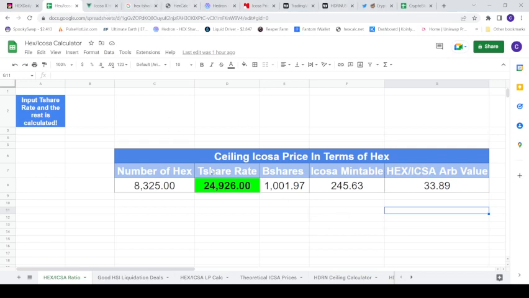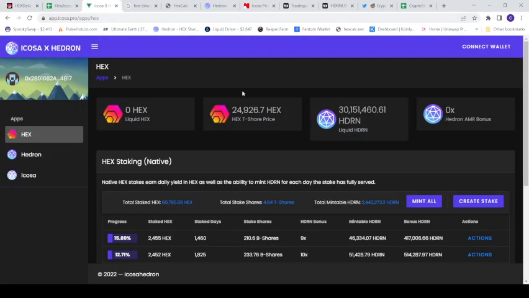So here is the number of hex to make a T-share. Currently it's 8,325, just over a T-share. And the current T-share rate is 24,926 as per zero point 0.7.